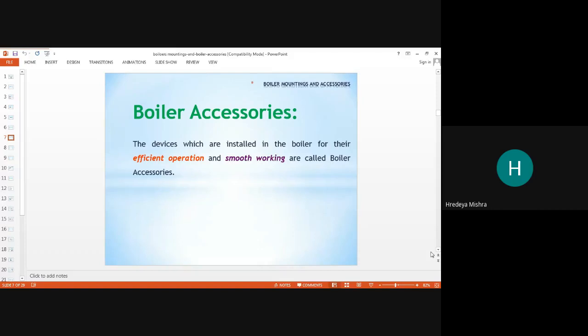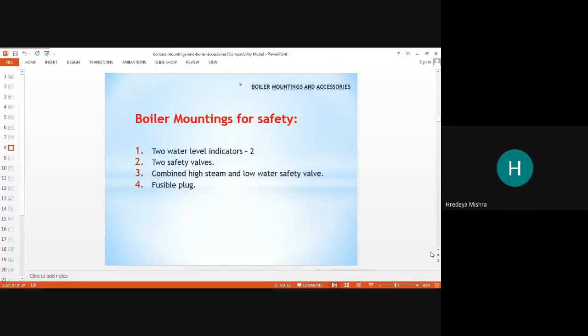Okay. Now, boiler mountings for safety. See here, these four numbers given here are used for the boiler safety. Two, water level indicator. What is the work of the water level indicator?